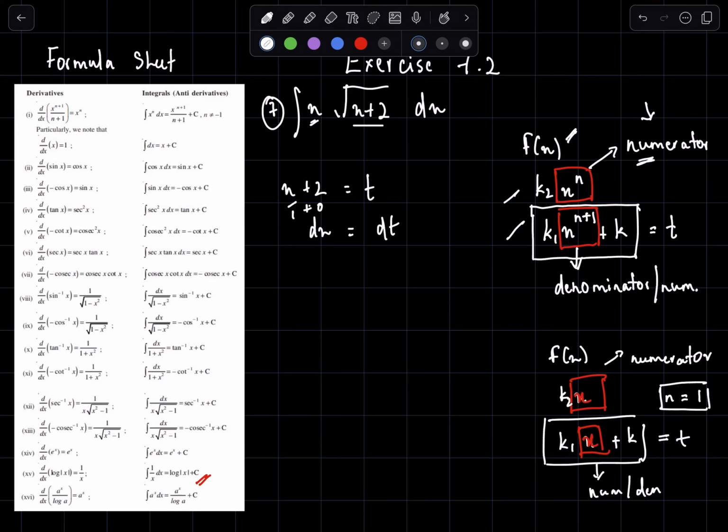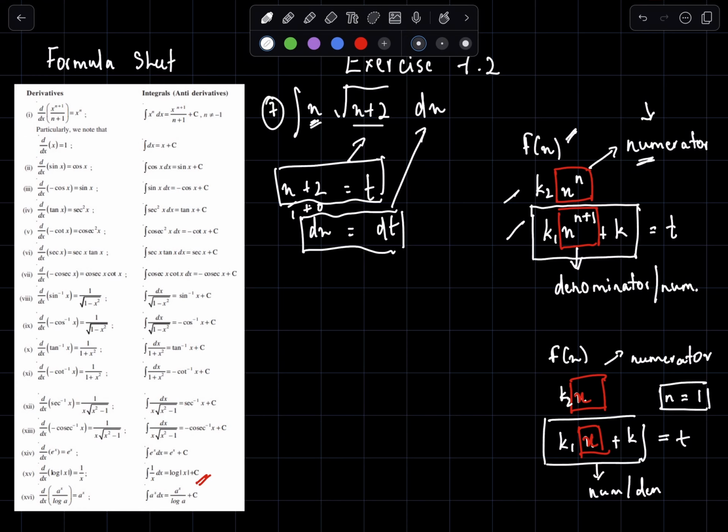So dx is equal to dt. But now a question comes, what do I do with this x? Because now you will substitute and you will say x plus 2 is equal to t, and dx is equal to dt.